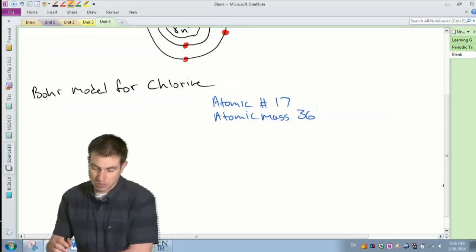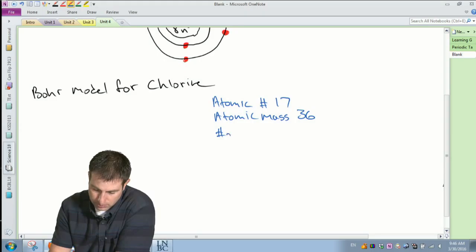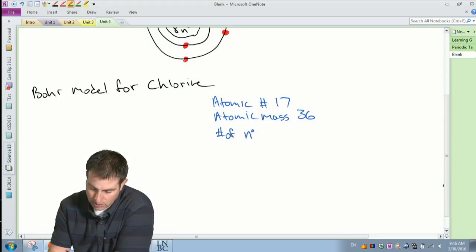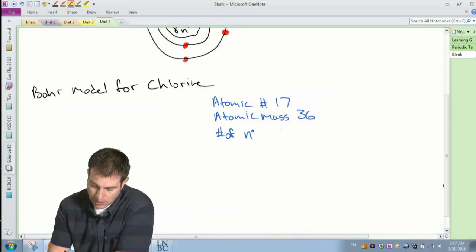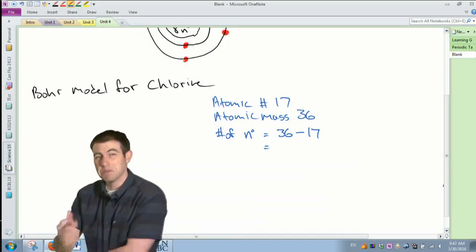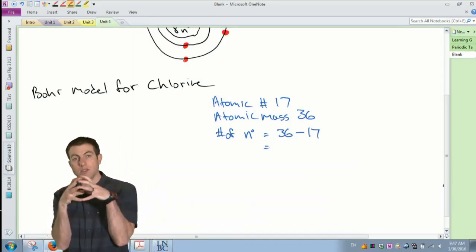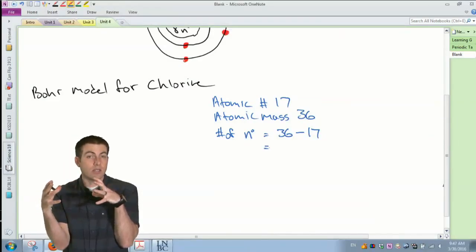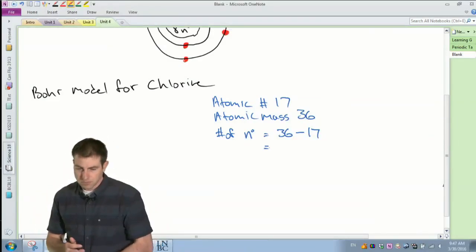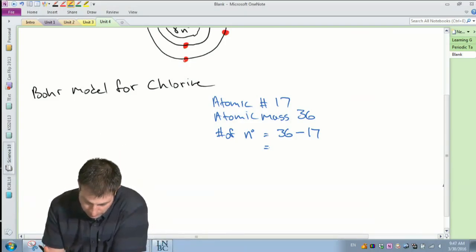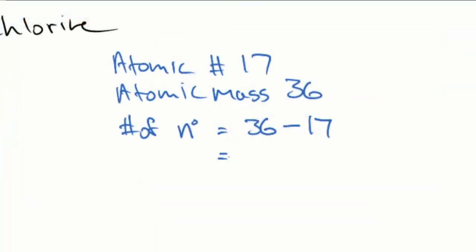So remember, to get the number of neutrons, and that's N with a little 0 next to it because they're neutral, we're going to take the atomic mass, which is 36, and subtract from it 17. And remember, the mass is protons and neutrons in the nucleus. We know that 17 of those things in the middle are protons, so what's left? So 36 minus 17.